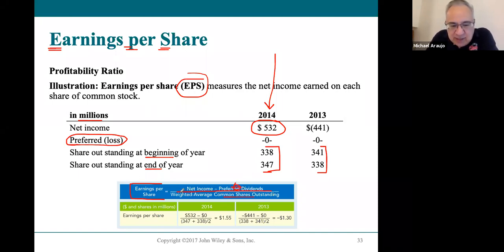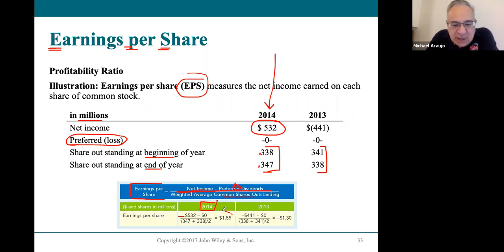So you're looking at basically the profit of the company divided by the shareholders. We take the average, which is the beginning amount of shareholders plus the ending amount of shareholders, divided by 2. When you do that for 2014, you have a $532 million profit divided by roughly 342.5 million shares.